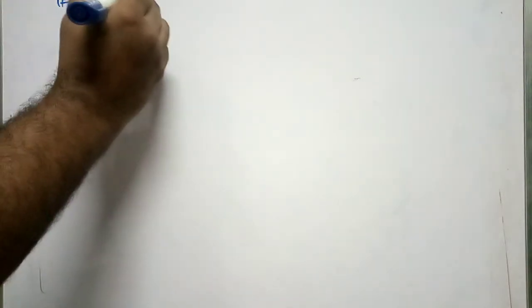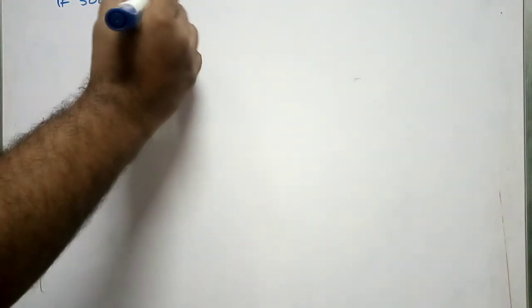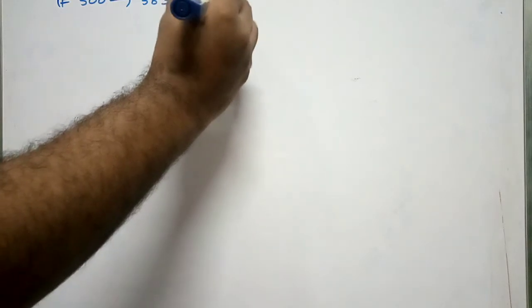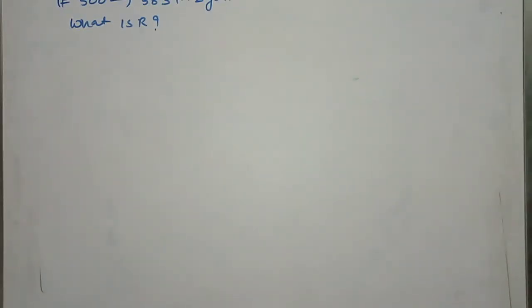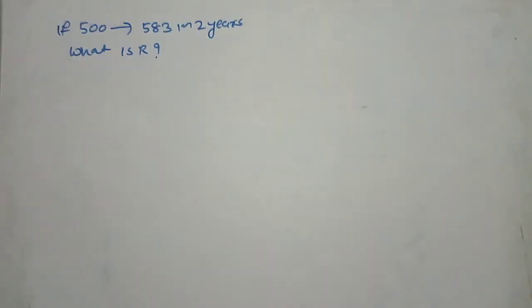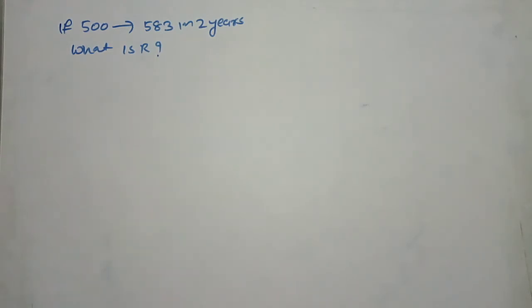For example, if we have an amount 500 that becomes 583.2 in 2 years, what is the rate of interest? That is, what is R? So how are we going to calculate?